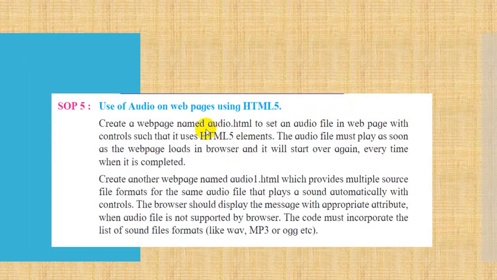In the first part, the question is to create a web page named audio.html to set an audio file in the web page. Means we have to create an HTML page, assign the name audio.html, and insert an audio file with controls.